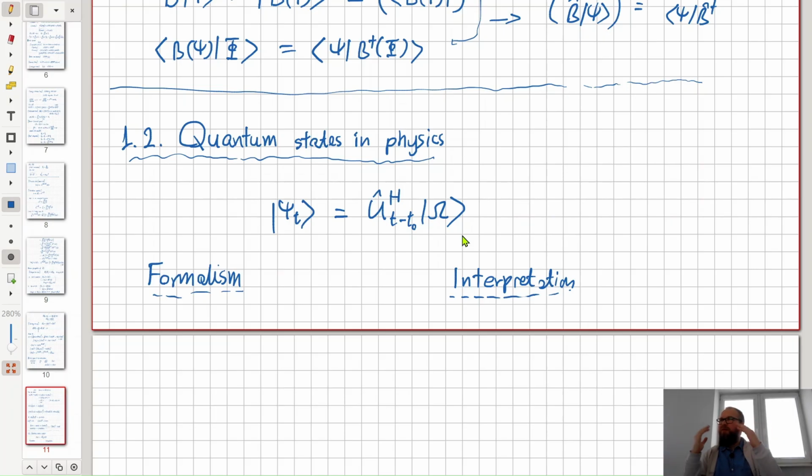Although usually, if you think about Newtonian mechanics, you have your formalism, which you can think of as the Newton equation, put all the maths there, vectors dependent on time, and so on. But the interpretation part for Newtonian mechanics is very simplistic, because what is this vector r of t?